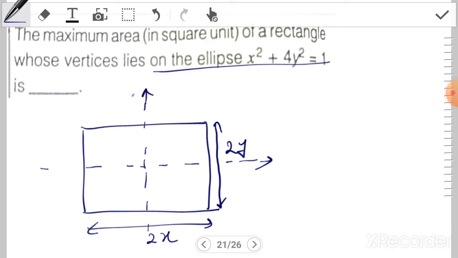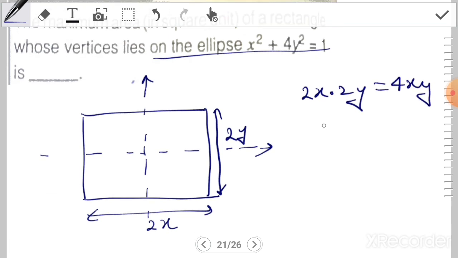Now the area of the rectangle is 2x into 2y, that is 4xy. Say this is function f, and we are given x square plus 4y square is equal to 1. Since we have terms like x square and y square, let us take f square, which will be 16x square y square.